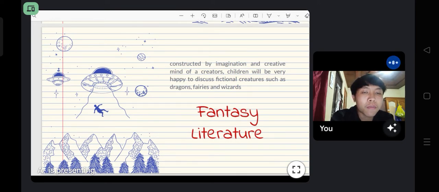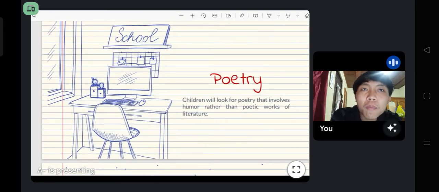The next is poetry. Poetry is a kind of literary work that can be attractive and interesting because it shows how to read sentences with beautiful pronunciation and intonation. This kind of literary work can motivate students to read loudly, and young learners will learn how to pronounce several words and maybe catch the meaning.